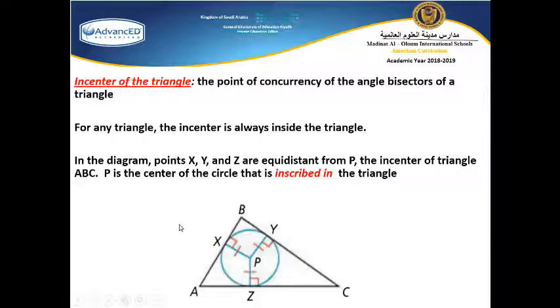This point of intersection is called the incenter of the triangle. This is the point of concurrency of the angle bisectors of our triangle.